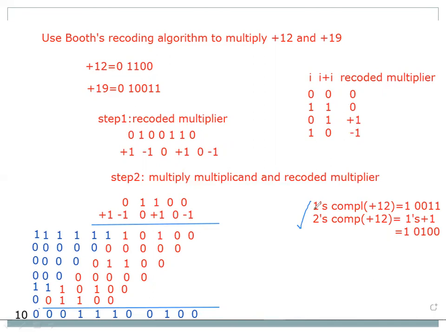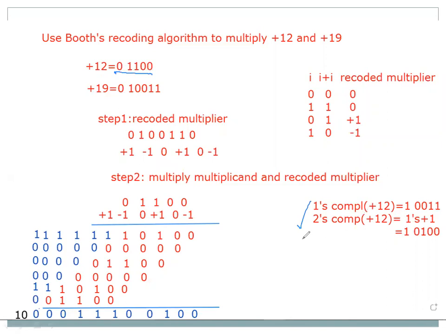So for that, you are going to take the multiplicand value, which is 0, 1, 1, 0. What about the 1's complement of plus 12? It is 1, 0, 0, 1. As we all know, in order to find the 1's complement, you invert the 0 by 1, 1 by 0.